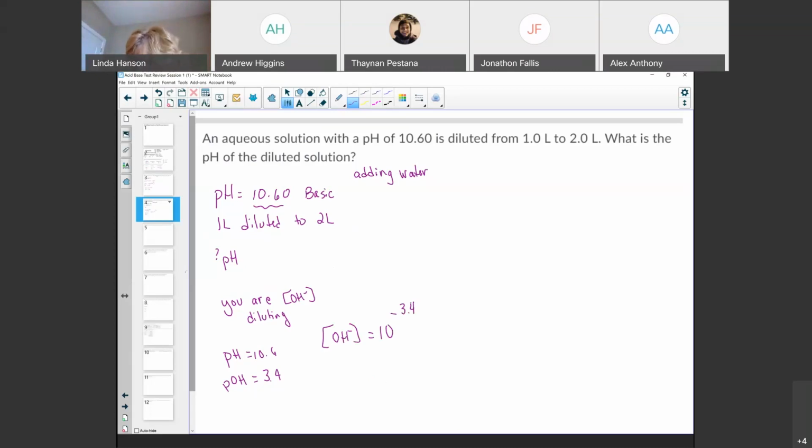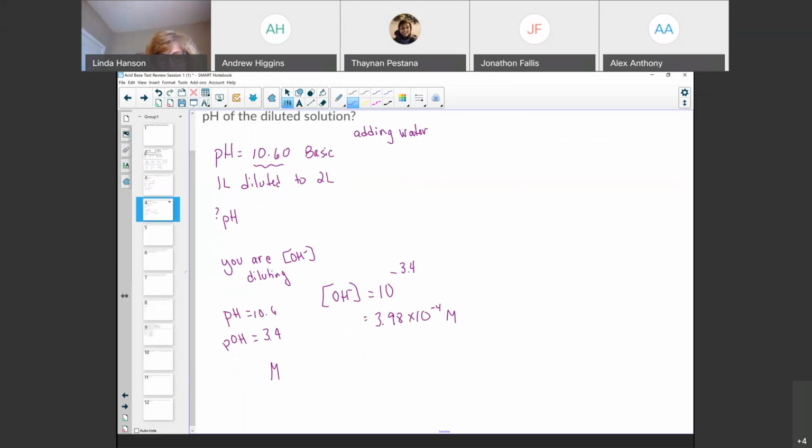So 10 caret key negative 3.4, and that shows me the hydroxide concentration as 3.98 times 10 to the negative 4 molar. Now we're comfortable with dilutions. We know M1V1 is M2V2, a common formula we've learned for diluting. The molarity of the base ion was 3.98 times 10 to the negative 4 when I had 1 liter.